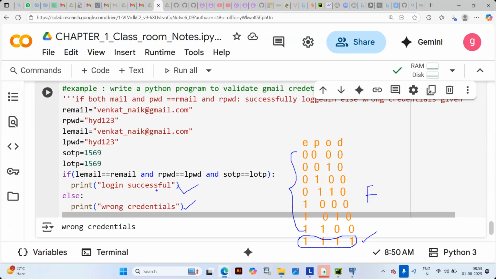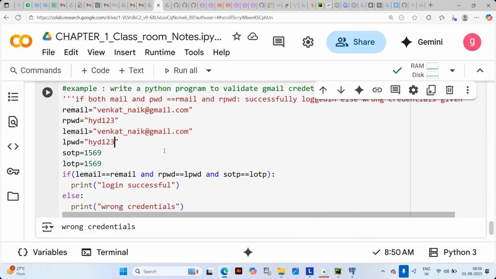Clear? You can change it anyway. Firstly, I'll give the email wrong: rather than underscore, I'll give a dot. So obviously wrong credentials will be given. Now the email is correct, and I'll take the password as wrong.